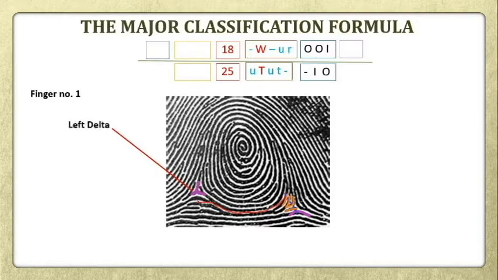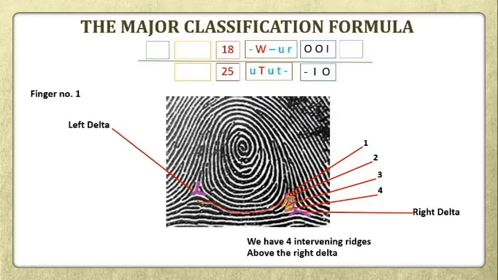So first, we identify the left delta, and then we identify the right delta. We proceed with our tracing at the ridge below the left delta. Since there is no interruption or no ending ridge, we found out that the intervening ridges between the left and the right delta after conducting tracing are 4.